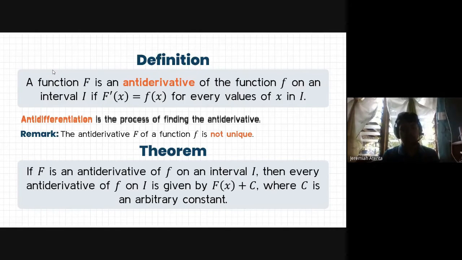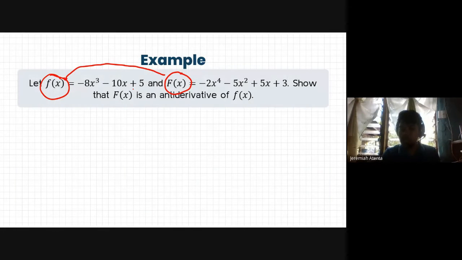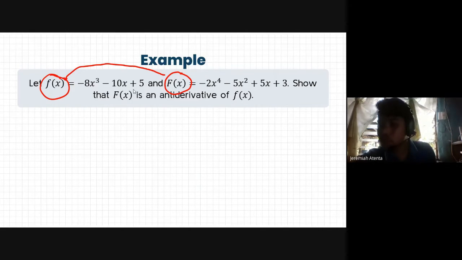So the uppercase F is the antiderivative of the function lowercase f if F prime of x, the uppercase F prime of x, is equal to the lowercase f of x. So this is the indicator. What do you think we will do?